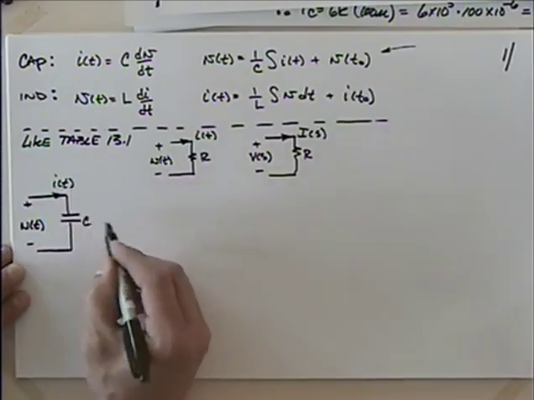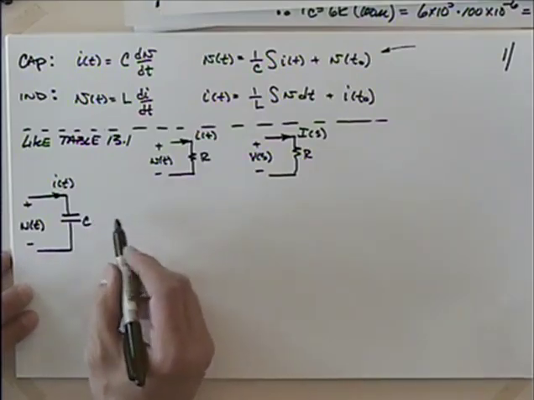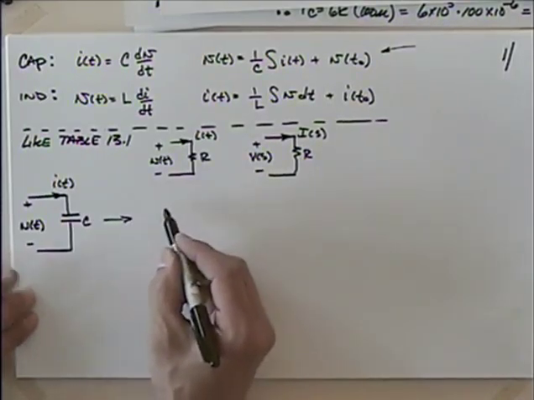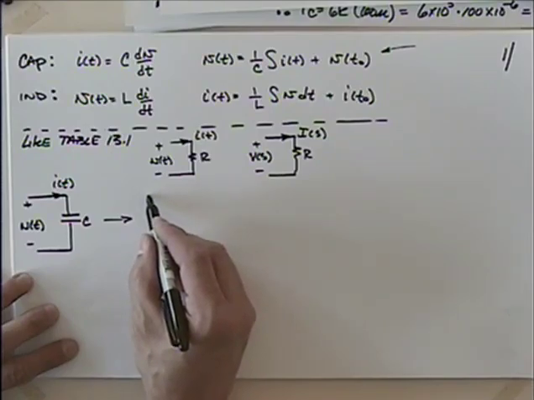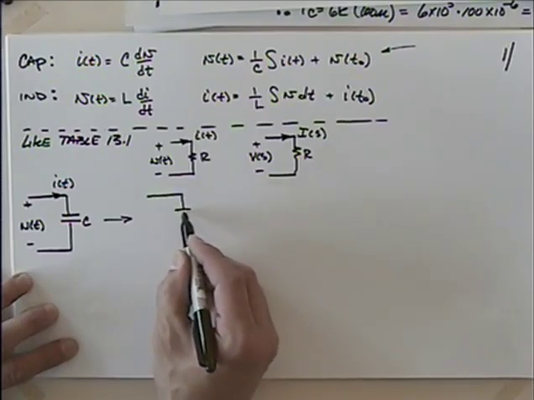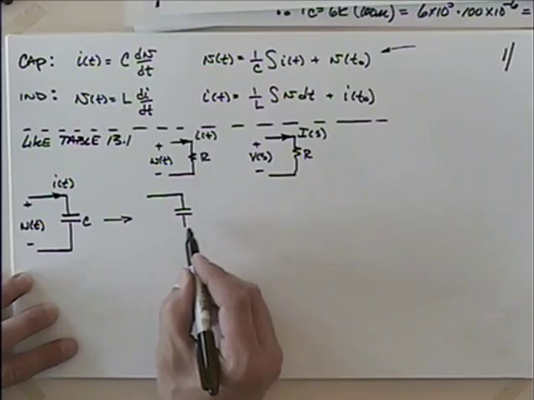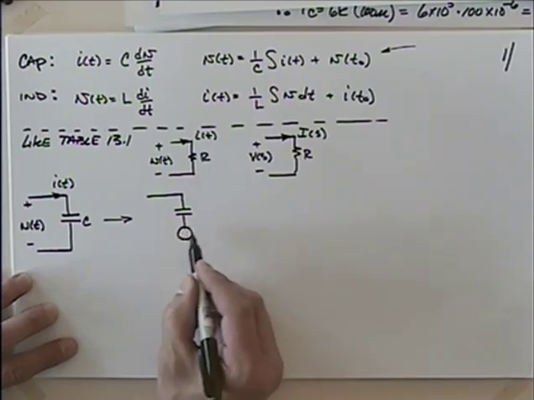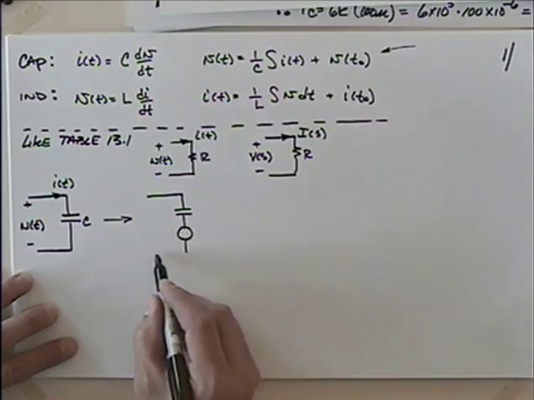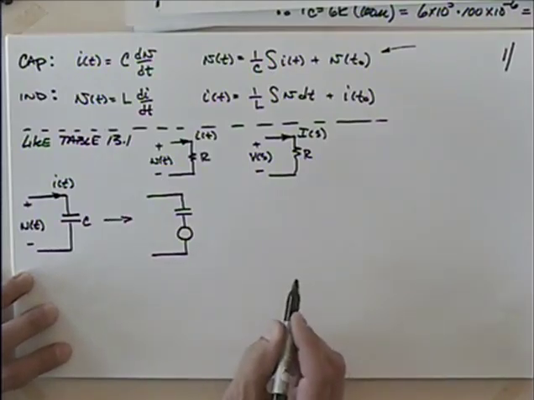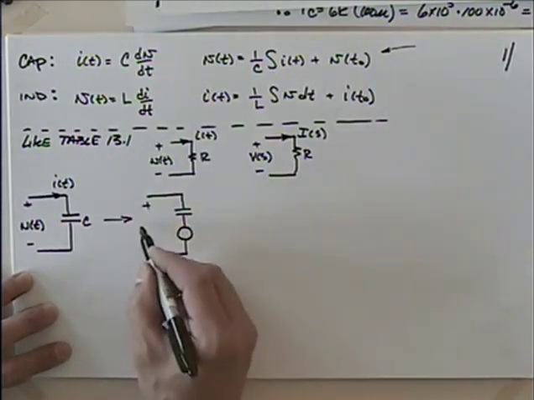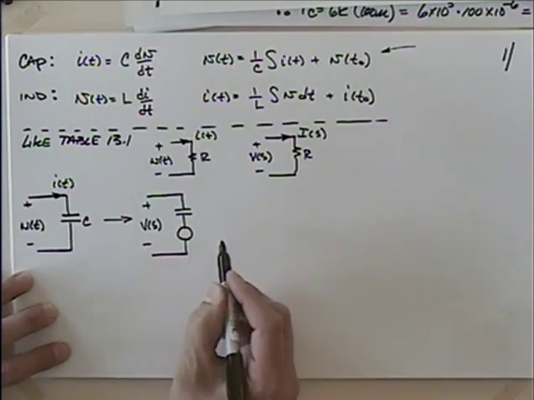I have some capacitance. I could say that in the S domain it would look something like this. It's going to be a capacitor, and then I have to deal with that initial charge on that thing, so I'll deal with that in terms of a voltage source. Okay. So I'm going to say across here is then V in the S domain.